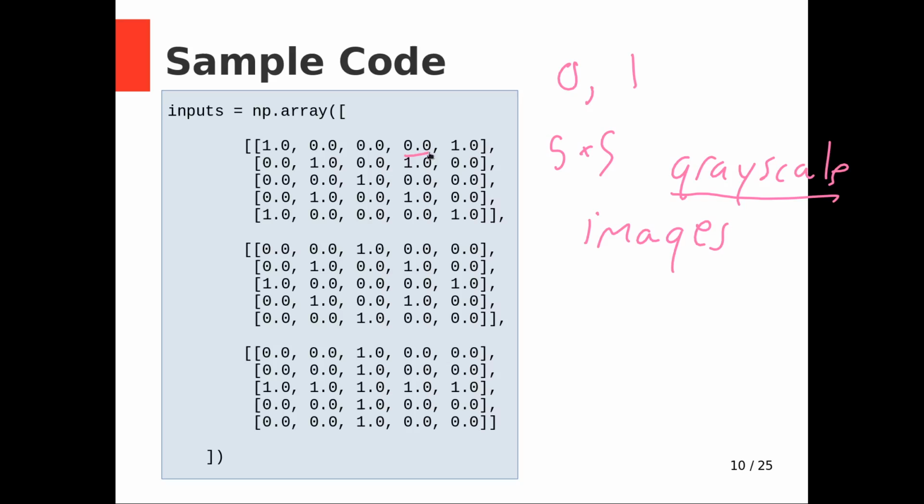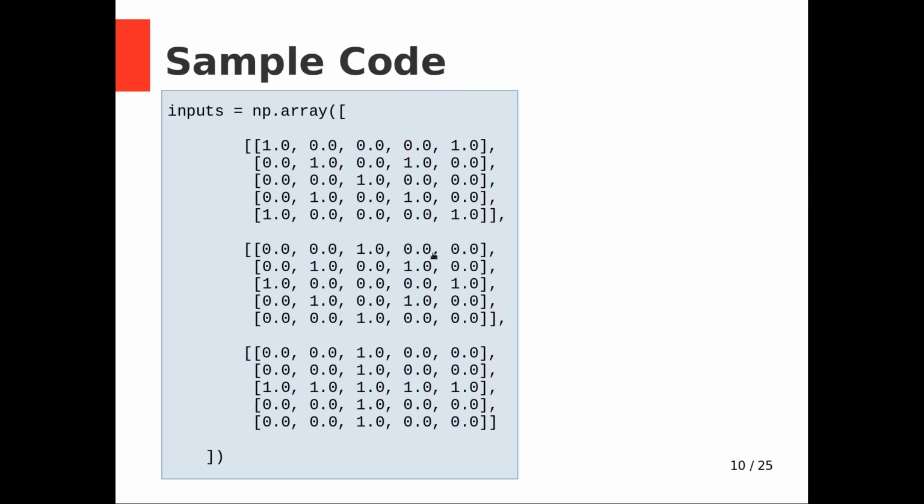Because there's one channel. If we wanted it to be color, we would need something like 0, 1, 0 right here, for red, green, blue. But that's a little bit more non-trivial than we want to deal with right now. So right now, we're going to deal with these little bitty grayscale images.